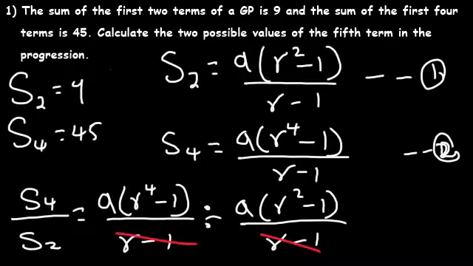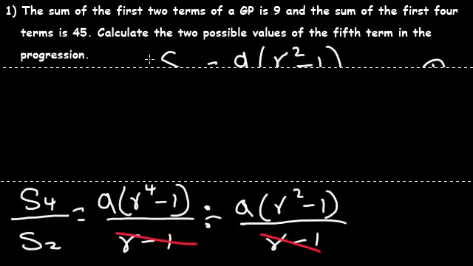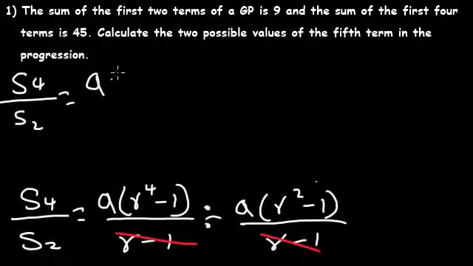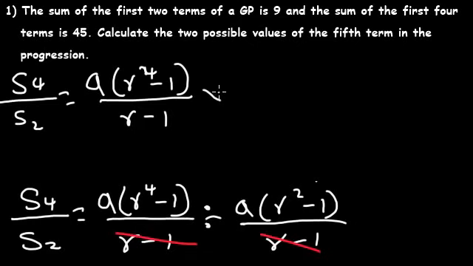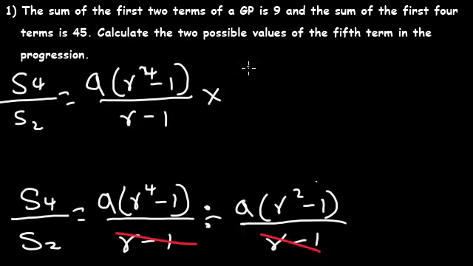But why does it cancel? Let me try and show it. If we use the method of keep, change, and flip, S of 4 divided by S of 2 becomes: keep the first fraction, r raised to power 4 minus 1 divided by r minus 1, then change the sign to product, and turn this upside down as if you flip it.